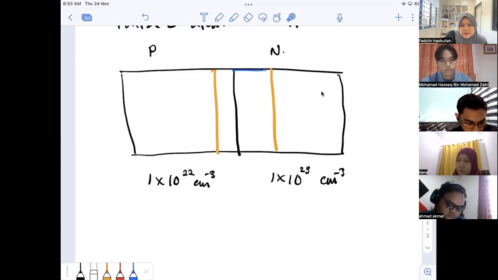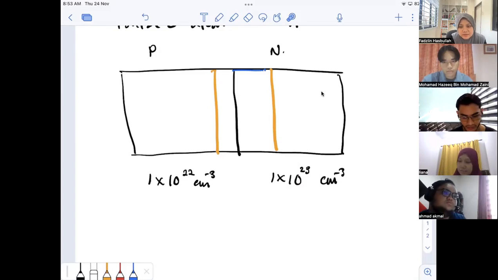There are more electrons diffused to the P, so the region becomes narrower than the P. Can you repeat your last statement?